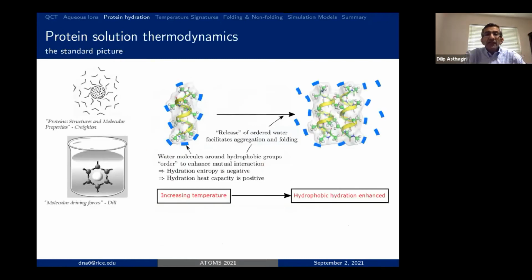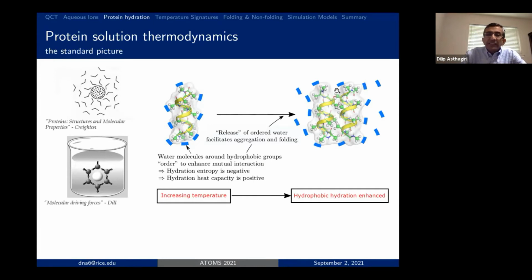So this idea that I can add up all the pieces together and describe the hydration of the protein has also impacted our understanding of temperature effects. Here is a schematic, motivated by what Kauzmann writes in his very influential review. Let's say we are interested in understanding the association of two proteins.